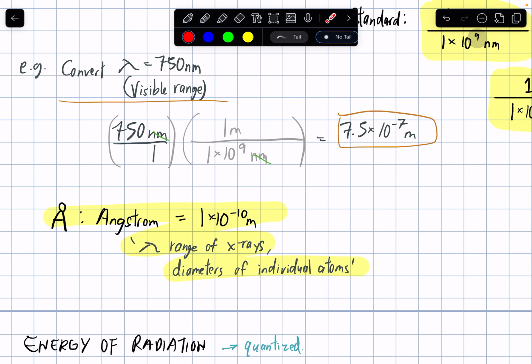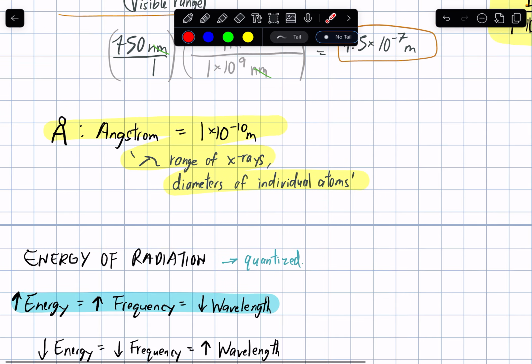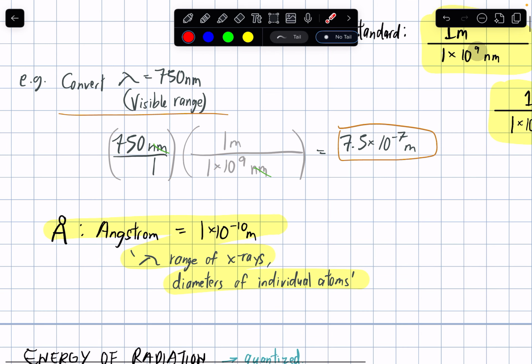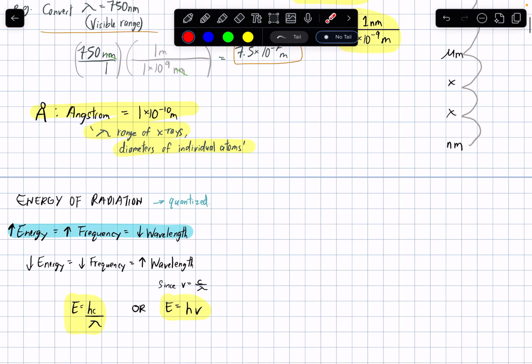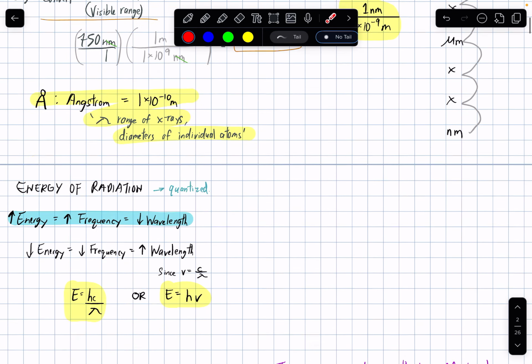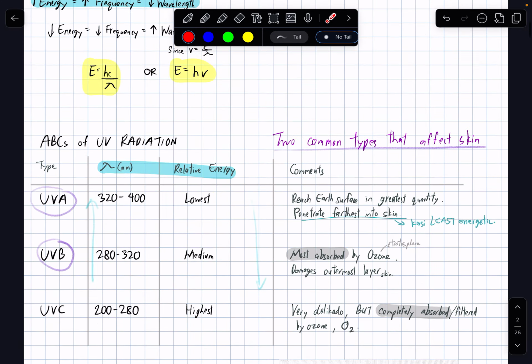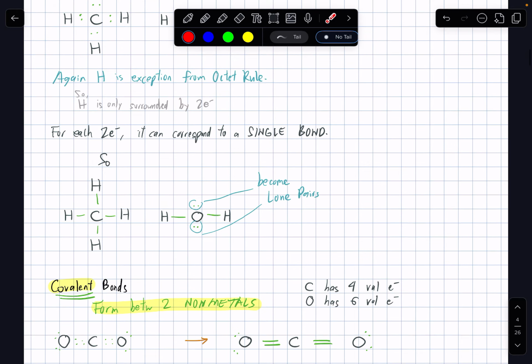So, the wavelength range of X-rays and diameters of individual atoms. I'll talk about it completely later. Okay, we'll be skipping this part, more on that later.